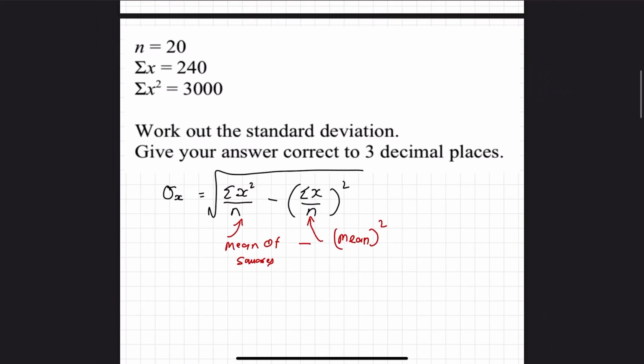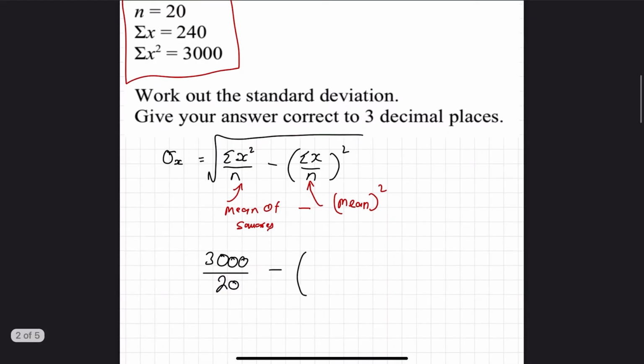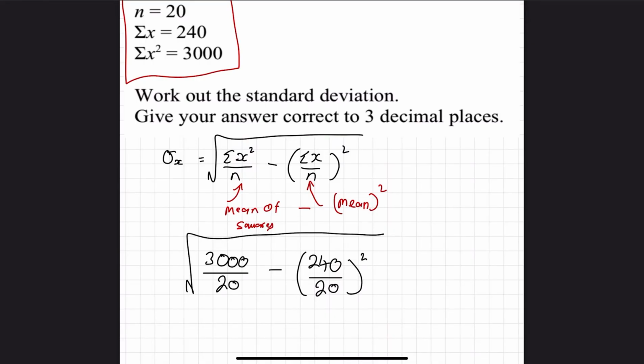So this question is pretty much just simple substitution. We've got the sum of x squared, 3000, divided by n, which is 20, so there must be 20 terms in whatever list there is. And then we're subtracting the mean, which is 240 over 20, squared, and we're taking the square root of that.